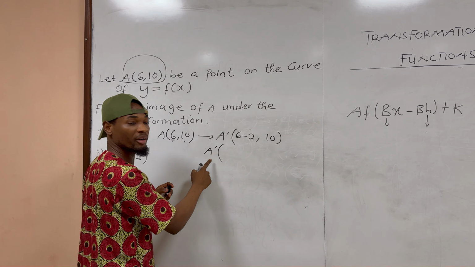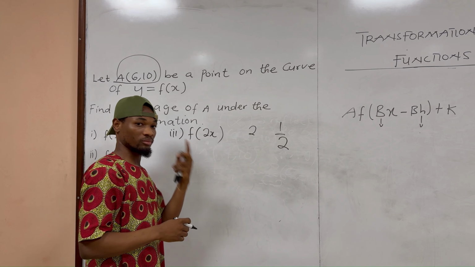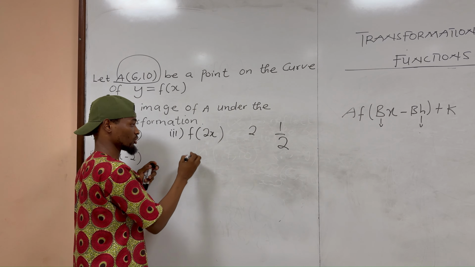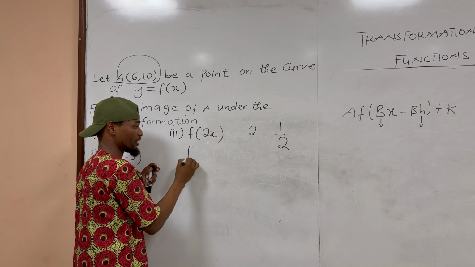For the third one, f of 2x. When you have something like this, what you do is, you try and look out for the coefficient of x. The coefficient of x is 2. Then, after identifying the coefficient of x, we'll find the reciprocal of 2. So the reciprocal of 2 is 1 over 2. You get it that way. So it's like I have f of, let's say, y this way.